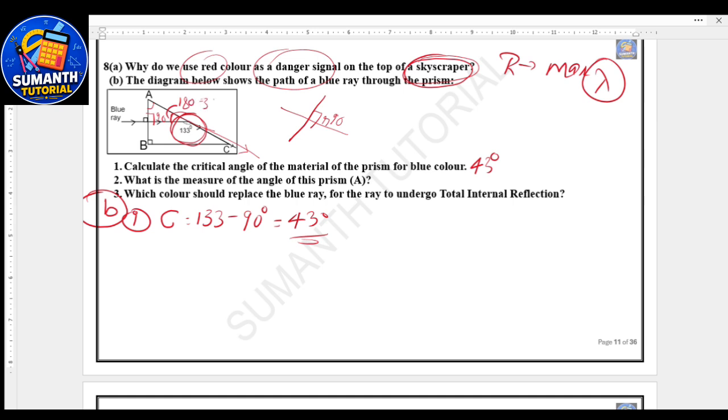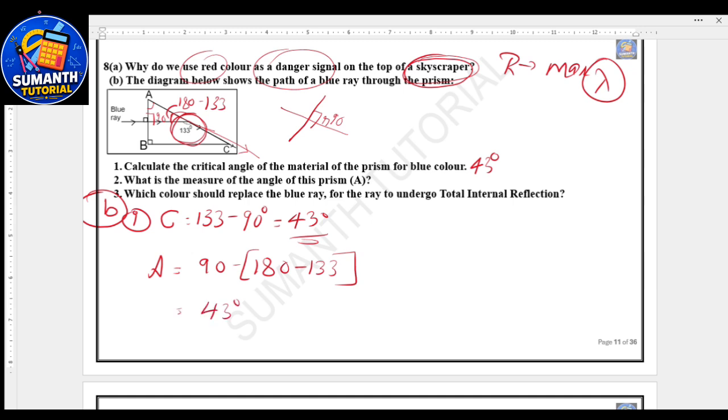So it is 180 minus 133. That's it. I will apply the same thing. See here, angle A will be equal to 90 minus of 180 minus 133. Done. Here also you will get 43.